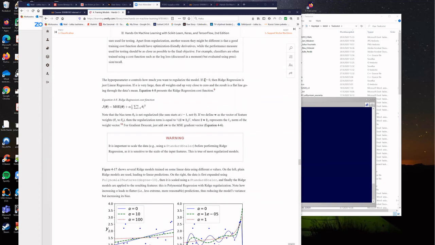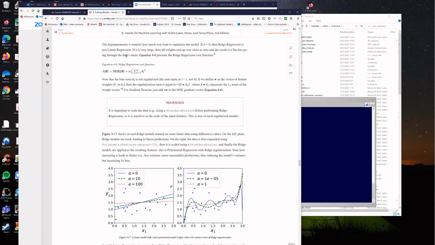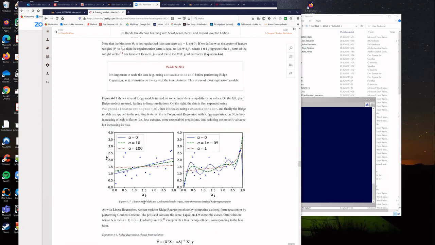If alpha is 0, then this ridge regression is just linear regression, so this term goes away. When this alpha is very large, then all the weights end up very close to 0, and you get a flat line through the data's mean. You can see the effect of alpha.